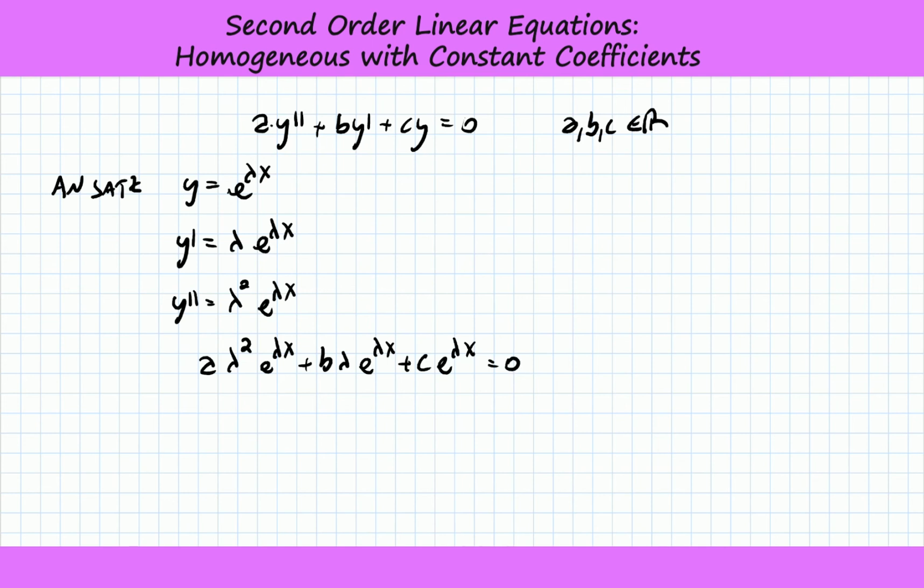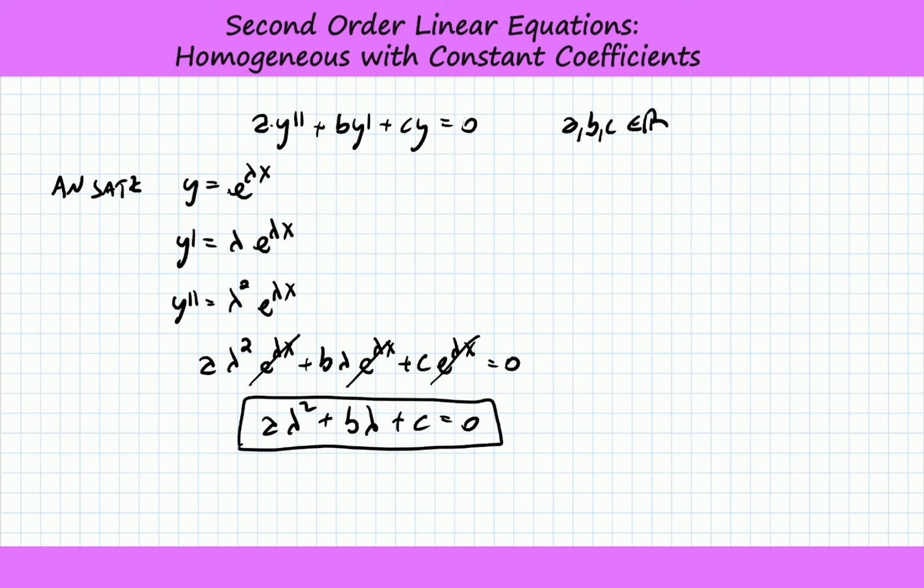Now, can I find values of lambda for which this is true? I can, because first of all, I can notice that since e to the lambda x is never 0, I can divide all terms of the equation by this, and therefore simplifying it. And I obtain a lambda squared plus b lambda plus c equals 0.